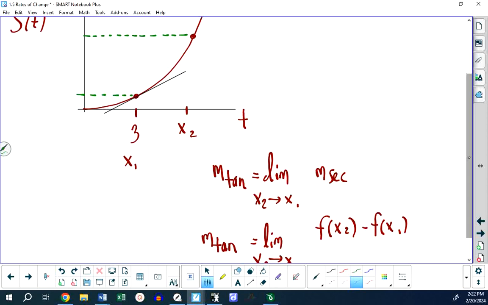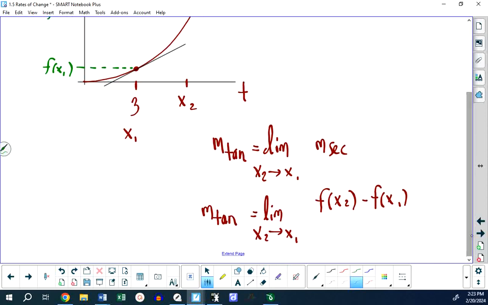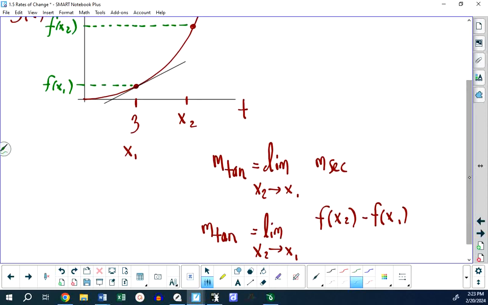So if I call this 3, x1, then this is f of x1. I hope you've become really accustomed to that idea, that whatever the x coordinate is, the y coordinate is f of that x coordinate. And this is f of x2. So you can see by looking at the diagram, I mean, I could draw in a triangle, but I don't think it's necessary. The rise is f of x2 minus f of x1. The run is x2 minus x1.